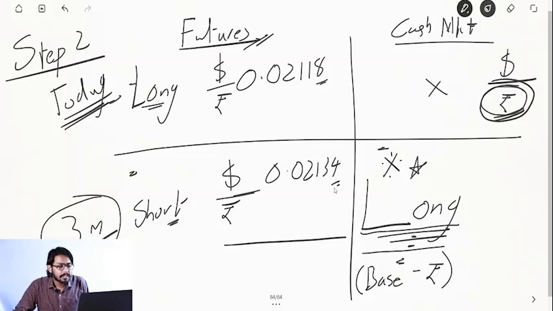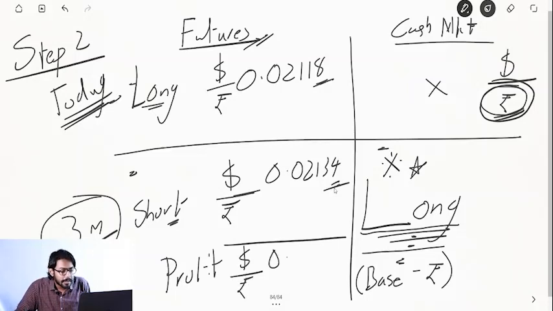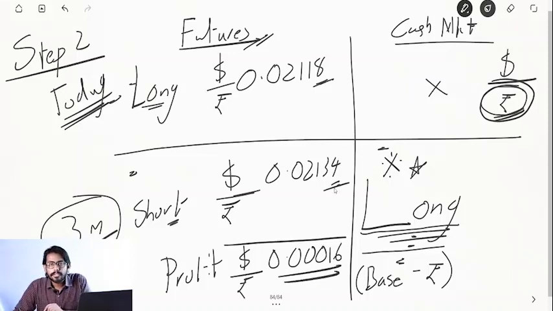Do you have a profit or loss? Check it out. You bought for 2118 and you sold for 2134. You have a profit of 0.00016 dollar per rupee. Mind you, you have a profit. You are getting a profit because your strategy is correct.